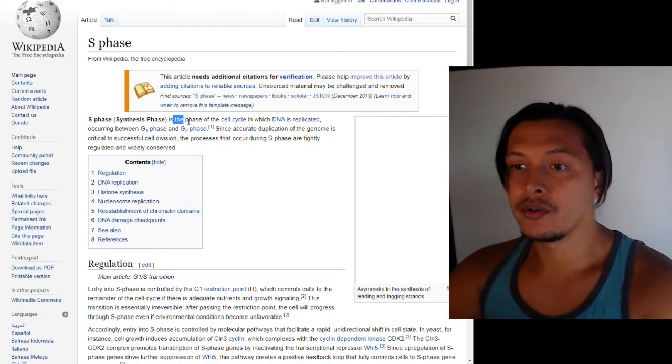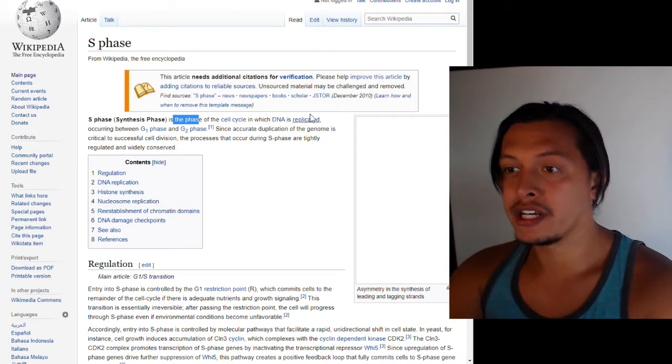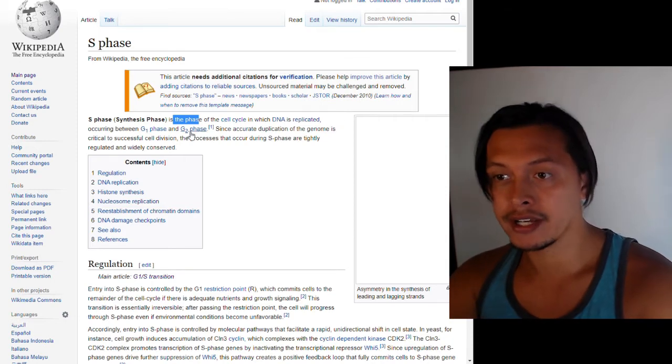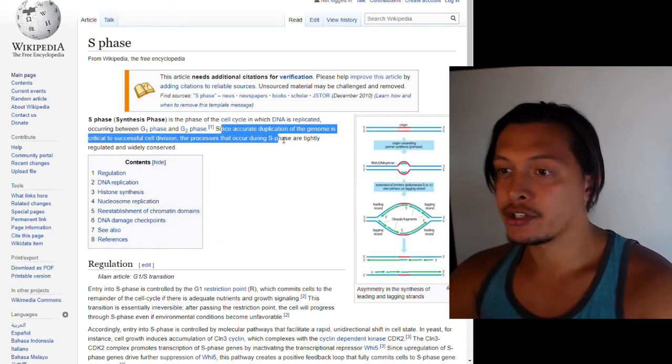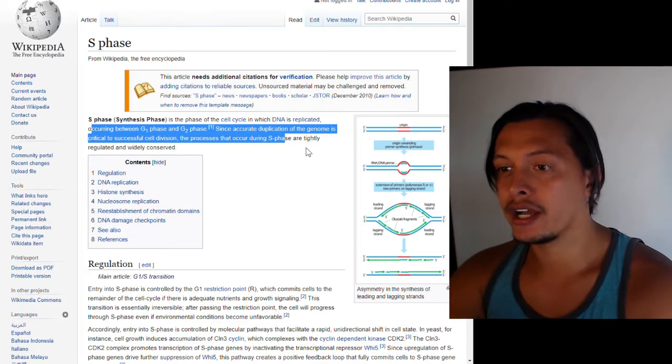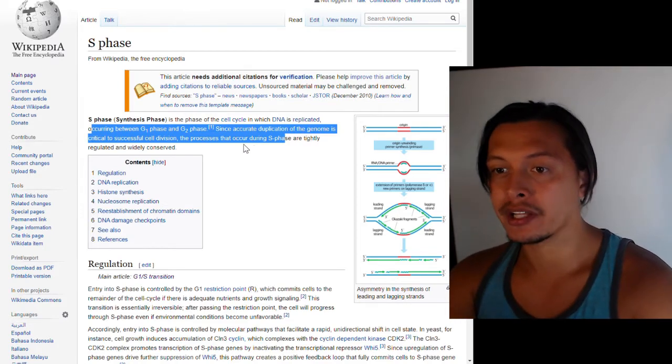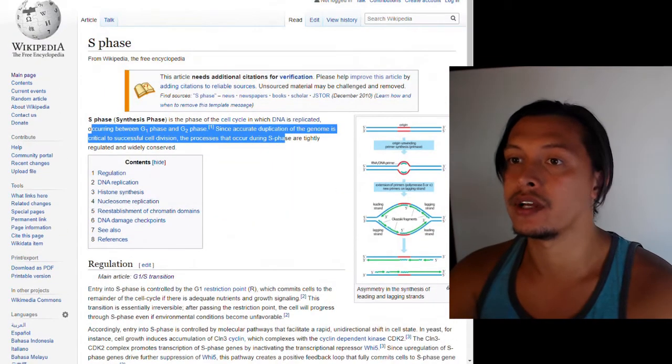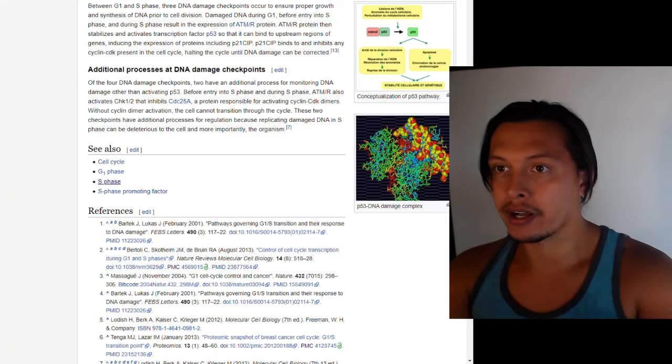Synthesis phase. Okay, so this is a phase of the cell cycle in which DNA is replicated, occurring between the G1 phase and the G2 phase. Since accurate duplication of the genome is critical to successful cell division, the processes that occur during S phase are tightly regulated and widely conserved. Yeah, so I was remembering correctly, so that's good.